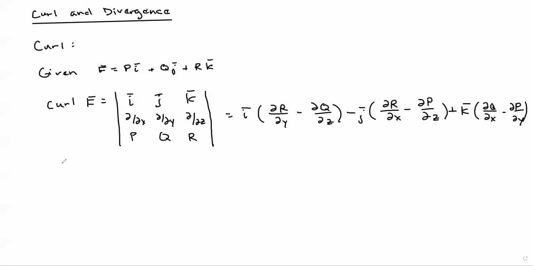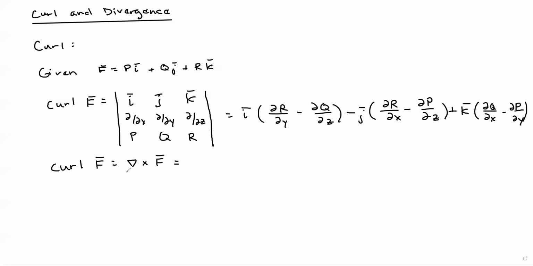Another way of writing it: if you're looking at this and saying it looks kind of like the cross product, except we've got these partials in the second row instead, that is correct. If you calculate the gradient vector crossed with the vector field, that also produces the curl.